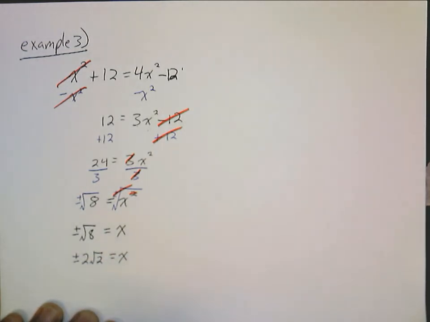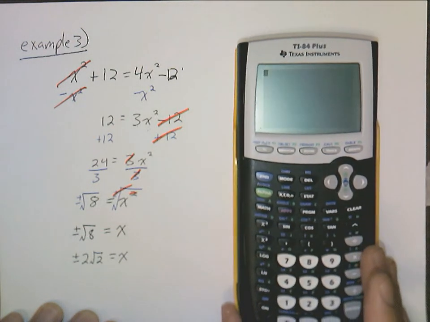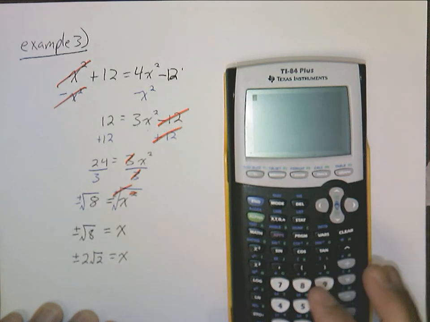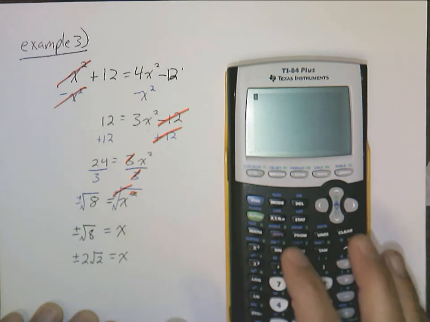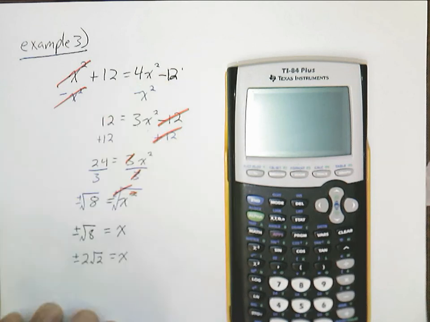Now, if we want to check this with a calculator, all we have to do is plug those values into our original equation. So let's take the positive version. Sorry about that. We're going to need to plug that in. So x squared plus 12 equals 4x squared minus 12. Let's see what the left-hand side gives us.